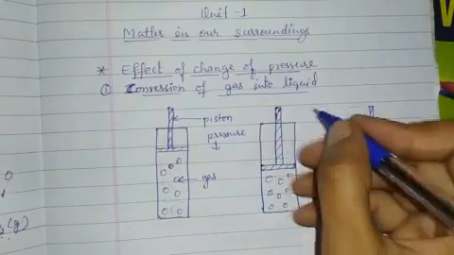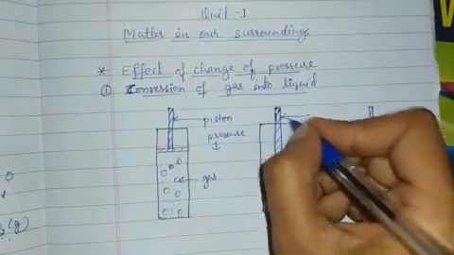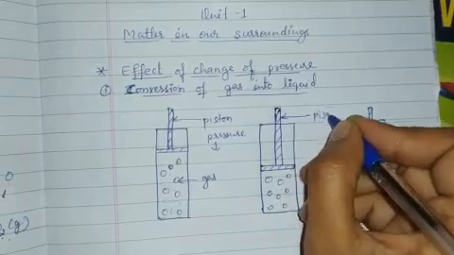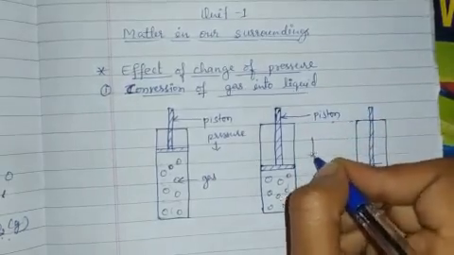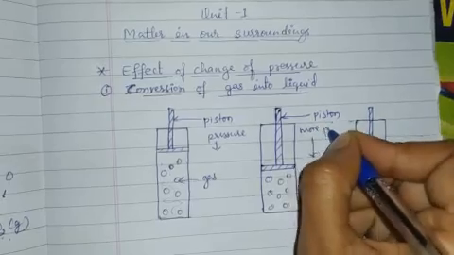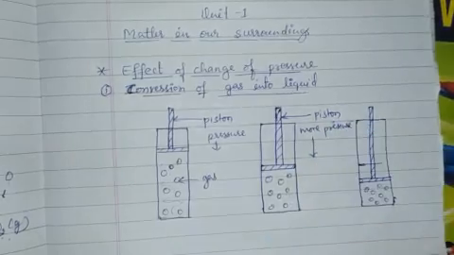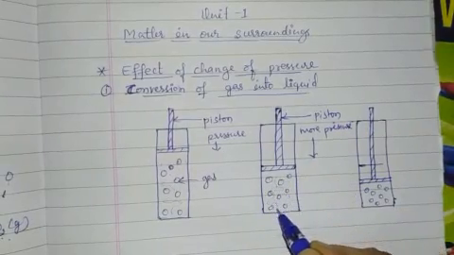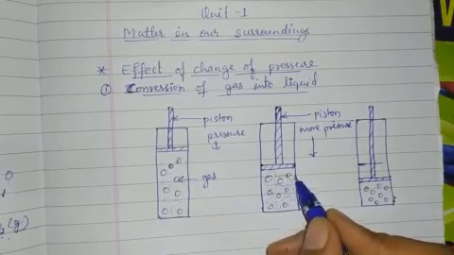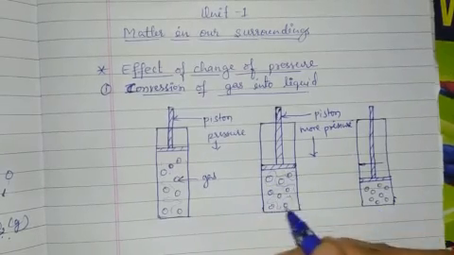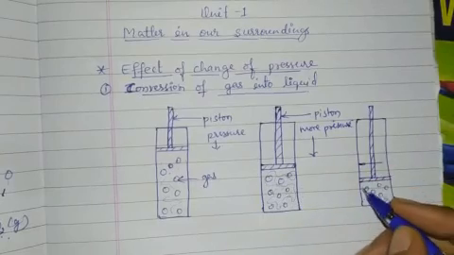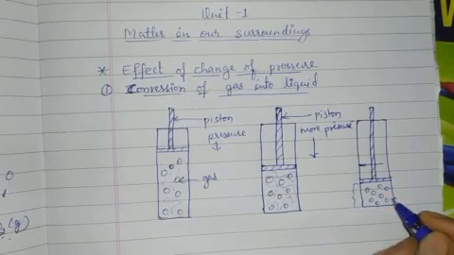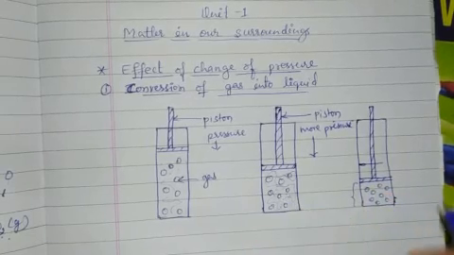Okay, further, if we apply more pressure, again the intermolecular space is further decreased, and these gaseous molecules will occupy a small volume. See here, they will occupy less space as compared to this.